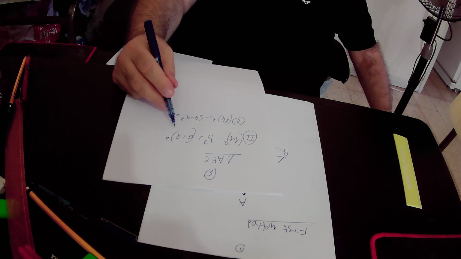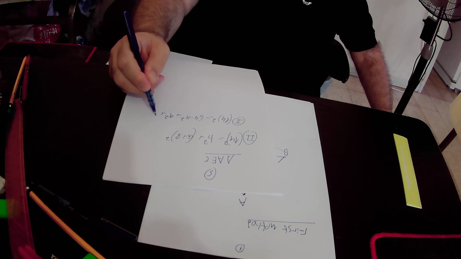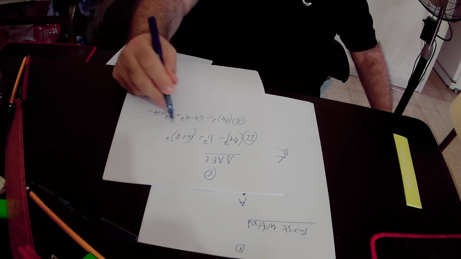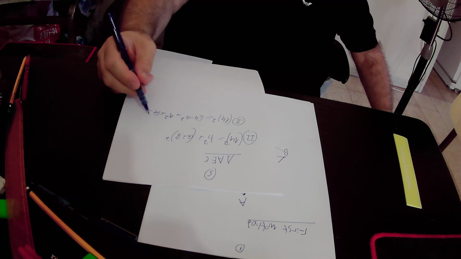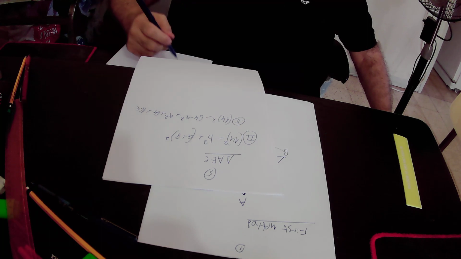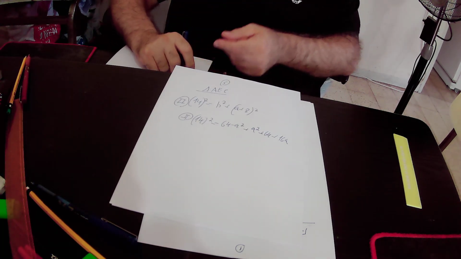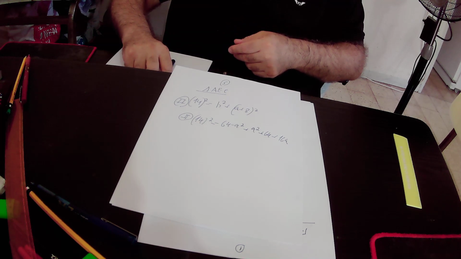We will open the brackets. (a plus 8) square equals a square plus 64 plus 16 times a. Okay, so that is what we got in equation number 2.